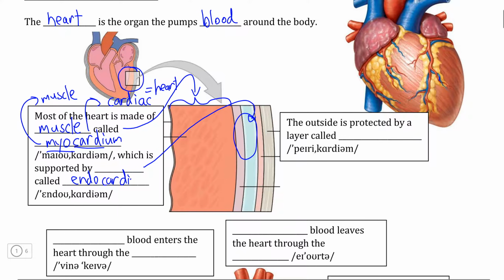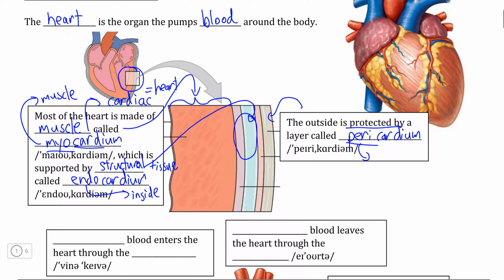So endo is a prefix that obviously means inside, and this again functions as actual structural tissue, or perhaps it's more accurate to call it connective tissue, in that it holds the myocardium in the proper place to allow it to contract, and the outermost layer that basically functions as protective tissue and also keeps the outside of the heart lubricated in order to reduce friction is what we call the pericardial tissue, or simply the pericardium.